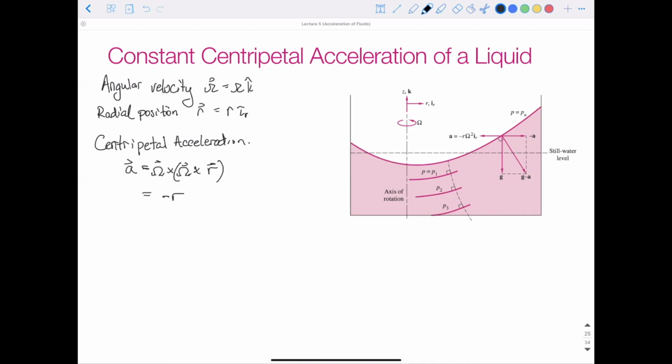And if we simplify this, this is just equal to our distance from our z-axis, our radial distance, times our angular velocity squared, and that is acting in the negative IR direction. So notice that there's a negative term here. So A is always acting toward the center.